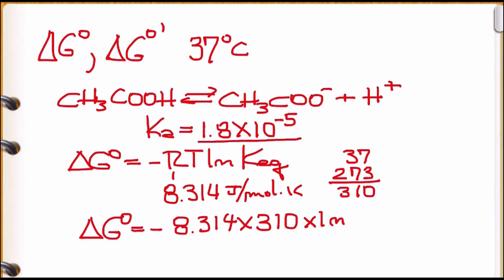In this case, the exams will give the data bank. So that will be 1.8 times 10 to the power of negative 5. Let's use the calculator here. You can use the calculator while I'm doing this, so that we get to the same place.